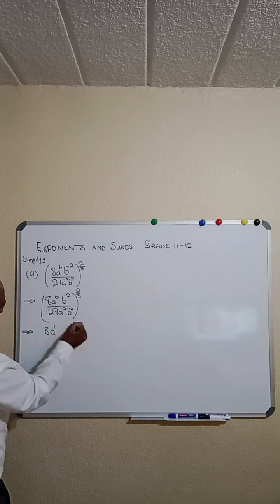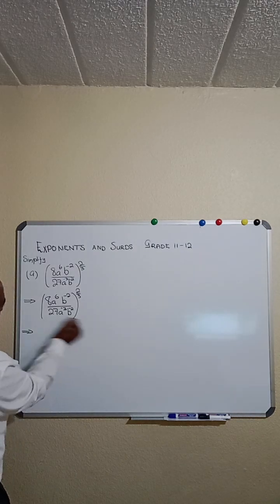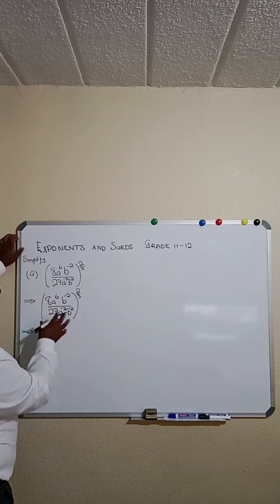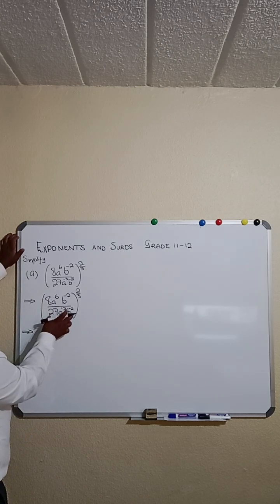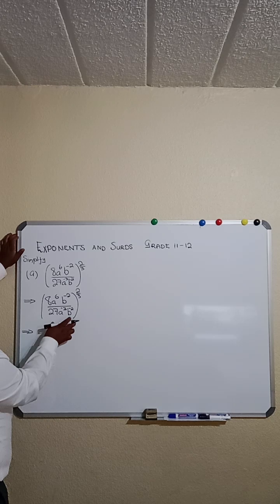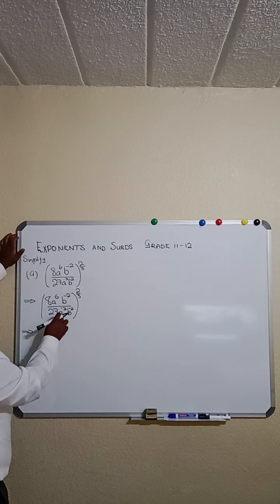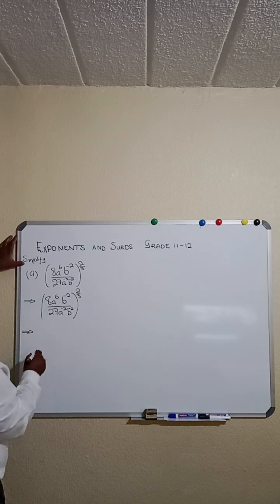Okay, let's start again from this step. Something is not clear. We're saying we're going to subtract the powers of the denominator from the powers of the numerator, that is, for powers that have the same base.